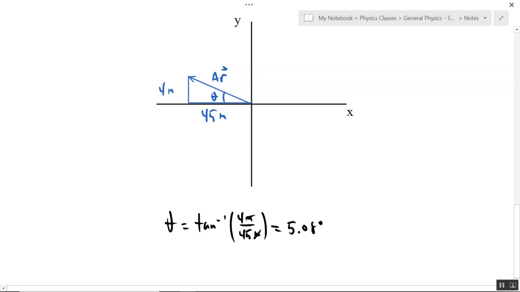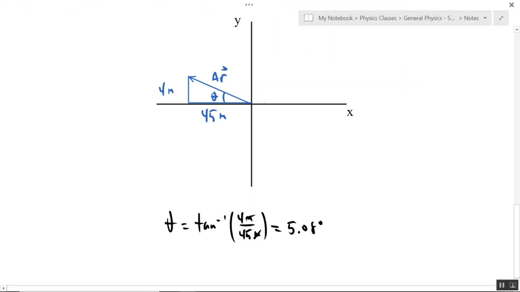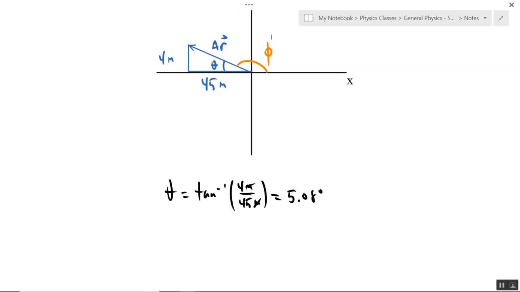But the answer I usually ask for, say on a test or on Canvas, is the angle from the x-axis, which I called phi last time. You can call it whatever you want, but I usually ask from the x-axis, not the y-axis or whatever axis. So what would phi be?